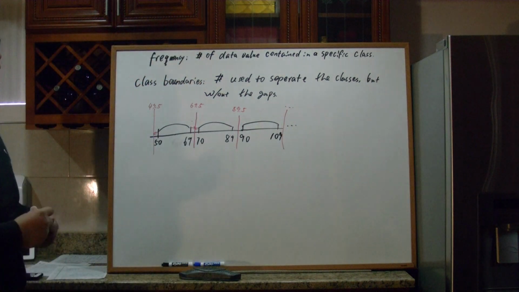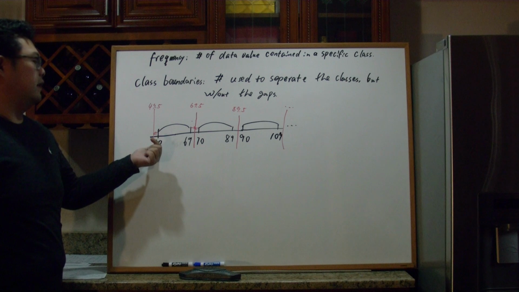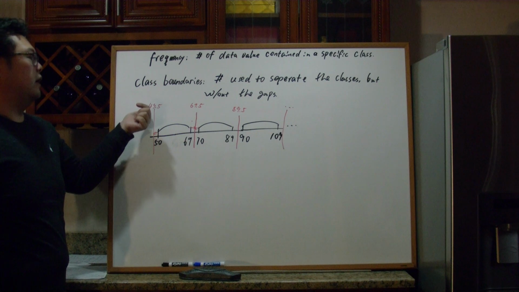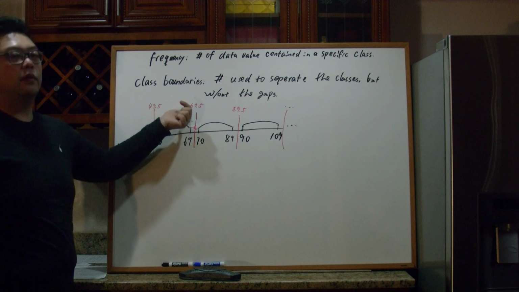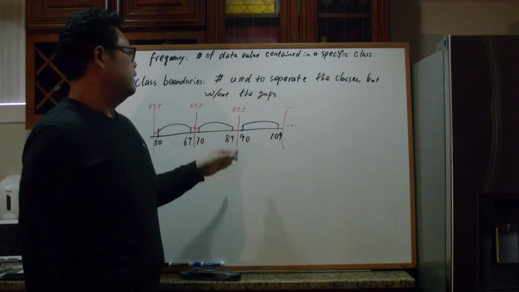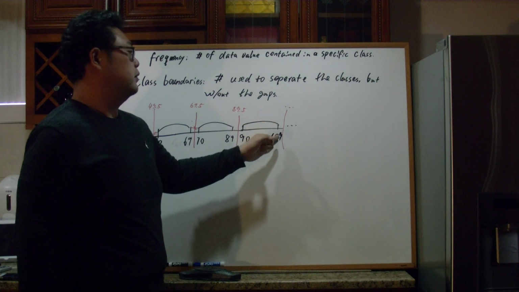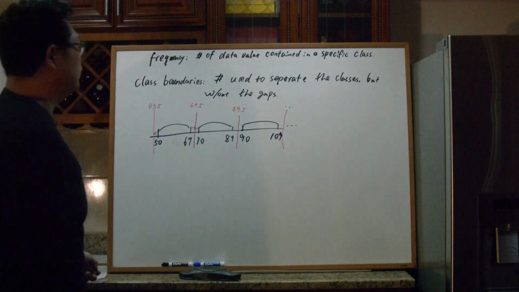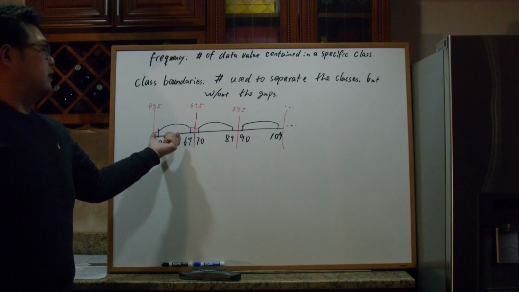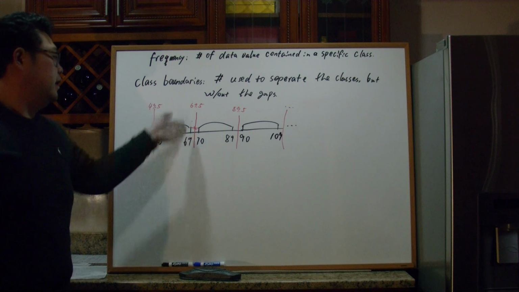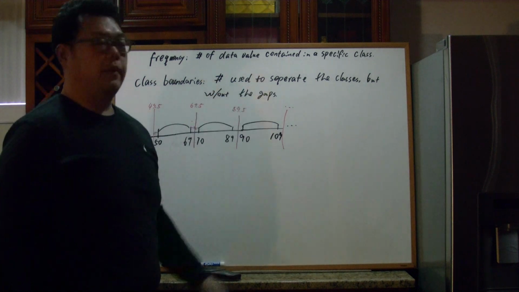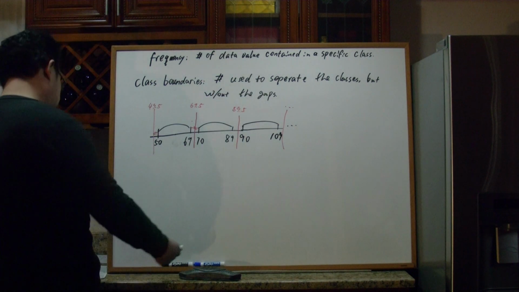Instead of the limits of 50 to 69, we get the boundaries: the first class becomes 49.5 to 69.5, the second class becomes 69.5 to 89.5, the third class becomes 89.5 to 109.5, and so on. So we turn the classes with gaps into classes with no gaps. Those boundaries are called class boundaries.